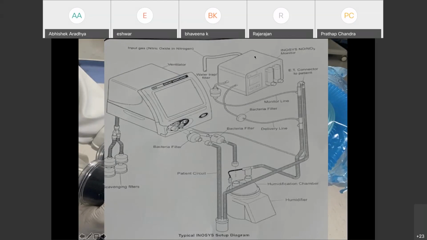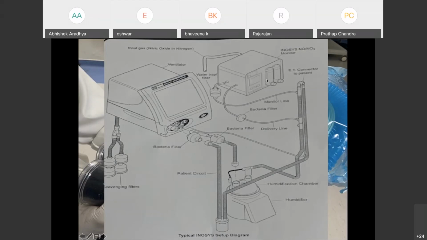Then there is an inspiratory and an expiratory limb of the ventilator. Your nitric oxide tubings should be connected to the inspiratory limb of your circuit. And then there is another catheter which is connected near the ET tube, which will actually measure the amount of nitric oxide delivered, and it will also tell you the amount of nitrogen dioxide that is exhaled out, right?